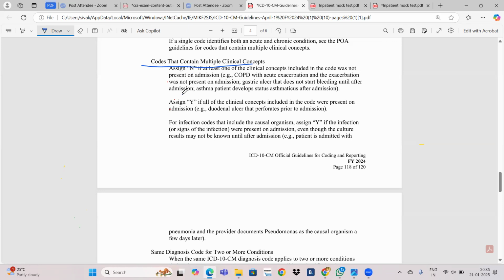N. Asthma patient develops status asthmaticus after admission. N. Here you will get one question on gastric ulcer.